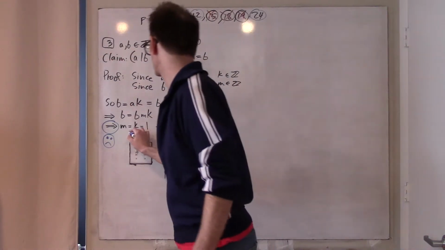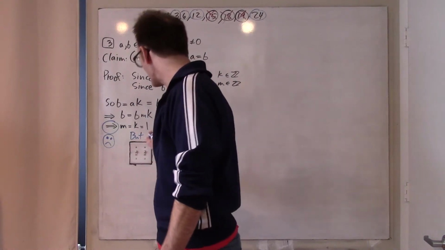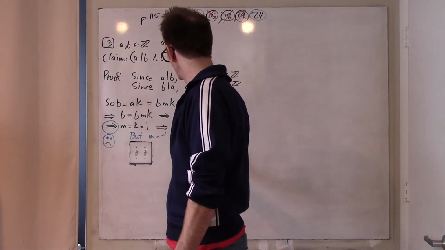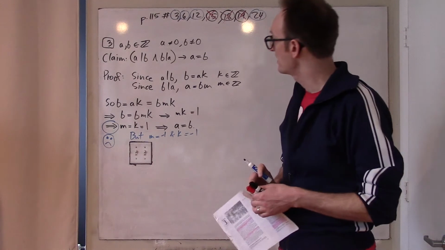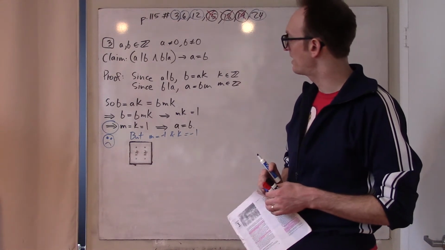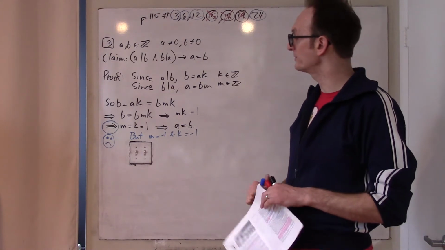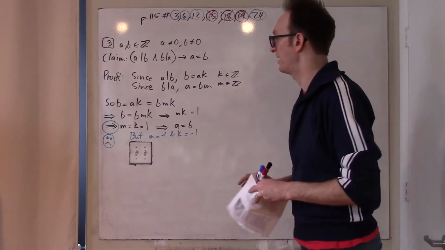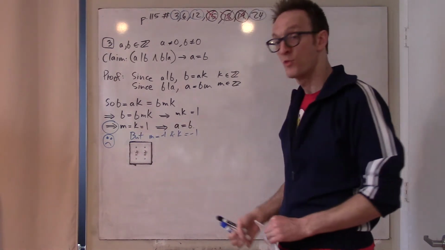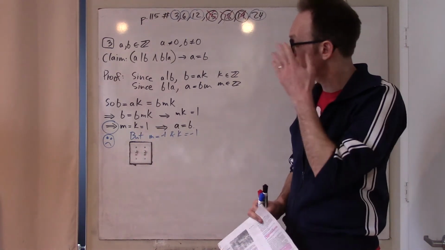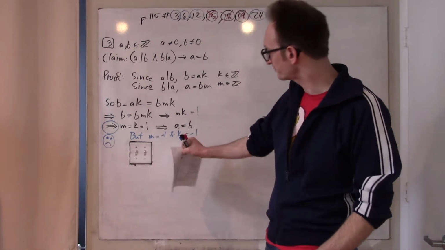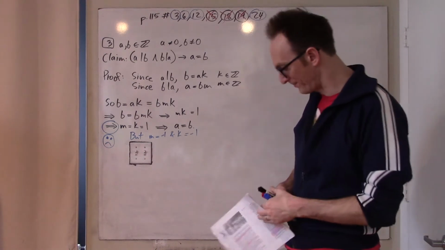It's possible that m is -1 and k is -1. And if that's the case, then this simply doesn't follow. Not only have we found the error in the proof, we've shown that the inference from mk equals 1 to m equals k equals 1, though seemingly very innocent, is an invalid inference, simply not true. Counterexample: m and k could both be -1.